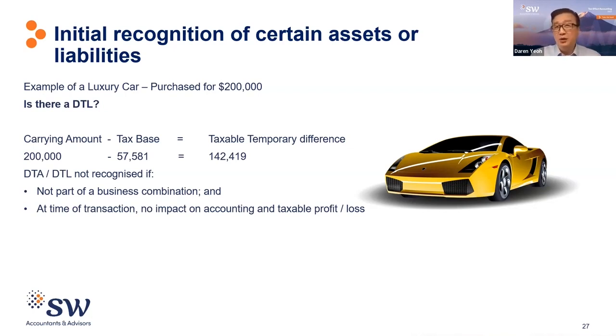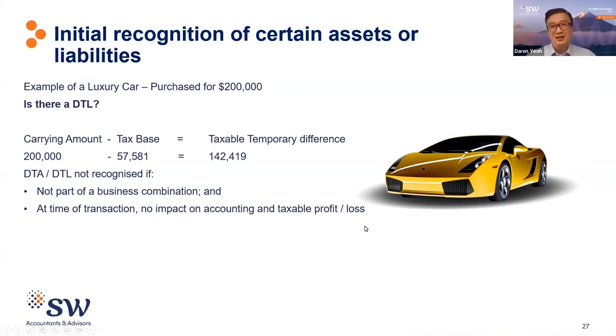The question is, do you need to recognize a deferred tax liability on that taxable temporary difference? So let's go through the criteria. When you bought that car, were you buying a business or an entity with a business? The answer is no, so I can tick that. At the time of the transaction, was there an impact on accounting profit and taxable income?